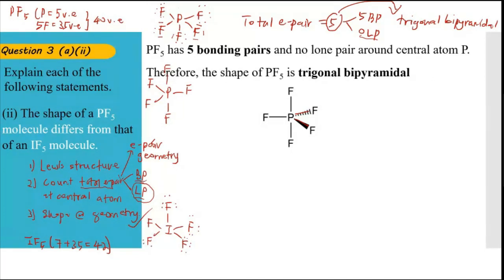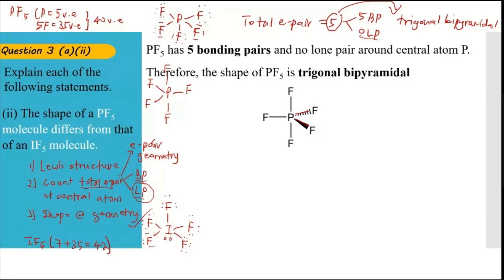One line is 2 electrons. Something like that. So 1, 2, 3, 4, 5, 8 times 5, 40. 2 more will go to central atom.